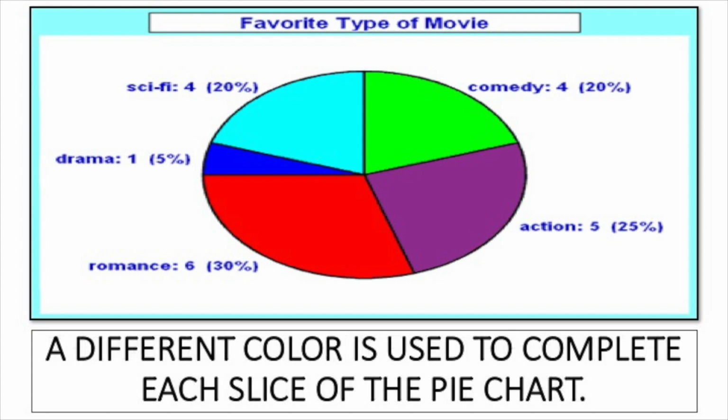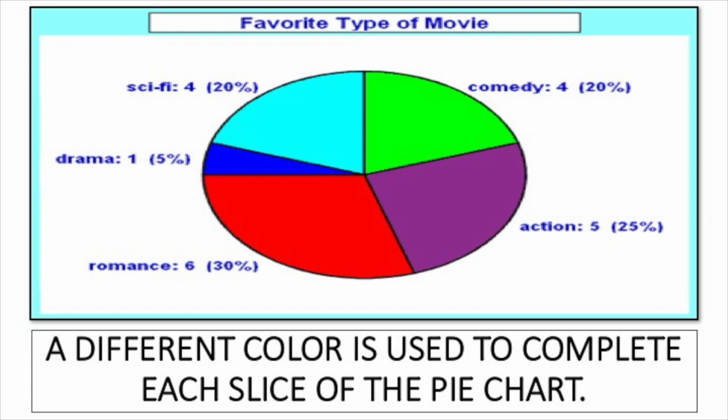A different color is used to complete each slice of the pie chart. So today, when you do your worksheet exercise, remember to use different colors for each different slice of the pie. That way, we can tell the different data apart.